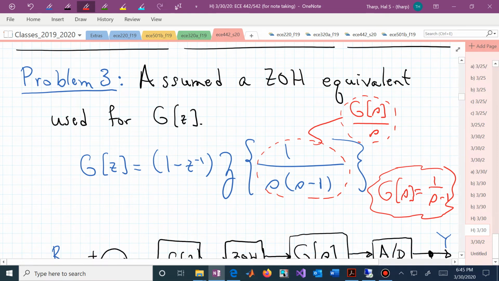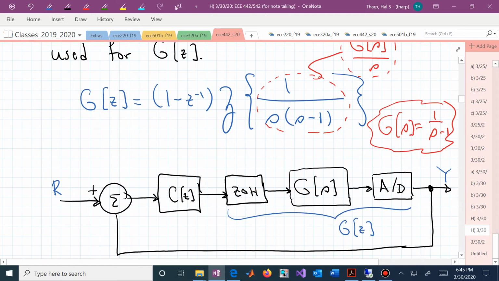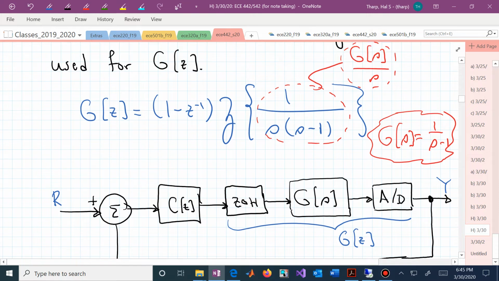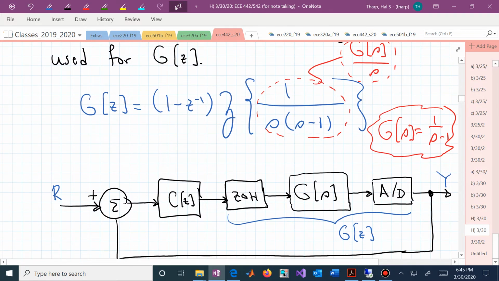I'm assuming you're using a zero order hold equivalent because this is what you're trying to control with capital C of z. And you want to incorporate, this is scenario number 2, the dynamic behavior of the zero order hold together with the plant G of s and this sampler, this A to D conversion sampler on the back end.